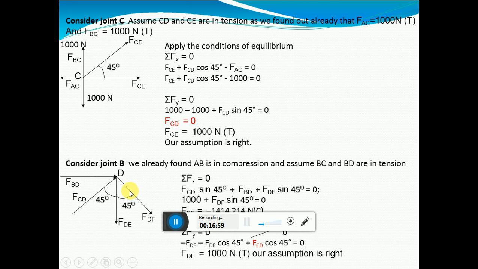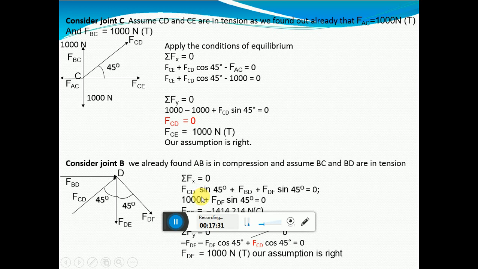That is FBD plus FCD sine 45. Along x axis it becomes sine because it's making angle with the y axis. FDF along x axis it is sine 45 degree, which is equal to 0. No other forces in x direction.